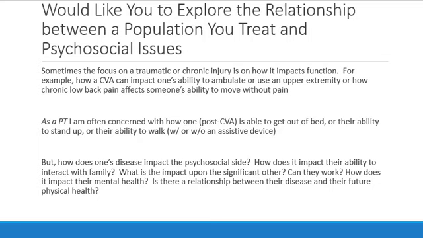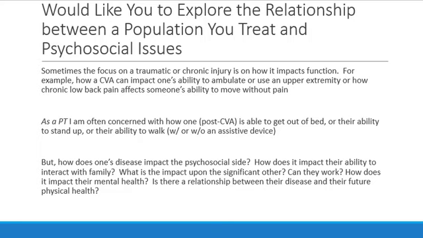So for example, somebody that's had a stroke, you may be reading an article or a textbook on how a particular stroke impacts one's ability to ambulate, or for example, how to use an upper extremity. Or maybe you work with individuals with chronic low back pain, and the paper may discuss limitations in range of motion, how it affects their range of motion, how strength is diminished or impaired. So it affects somebody's ability to move with pain.